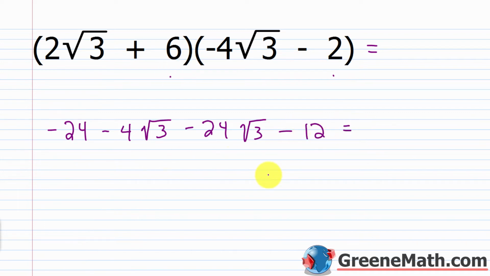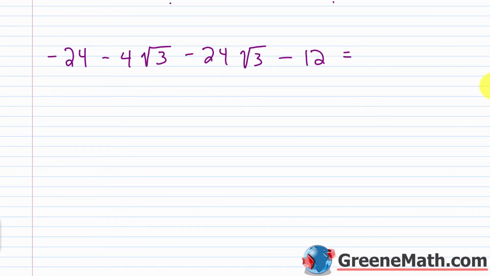Okay, so once I have it in this format, pretty easy to simplify. And in this case, we do have like radicals. We have the same index, we have the same radicand. So we can combine what's in the middle. So if I look at negative 4 times square root of 3 minus 24 times square root of 3, negative 4 minus 24 is negative 28.